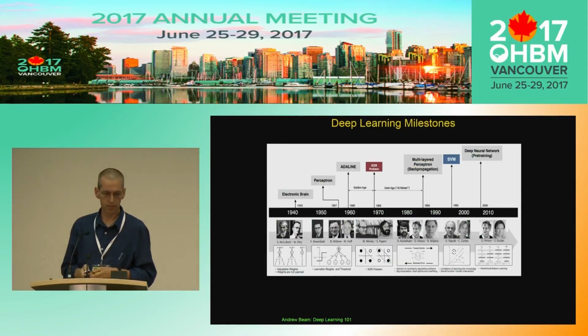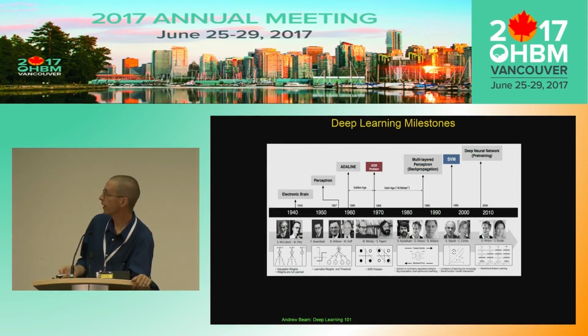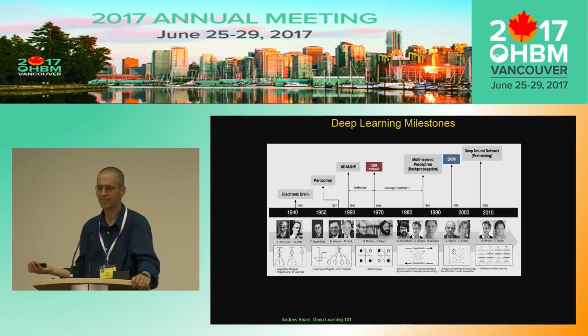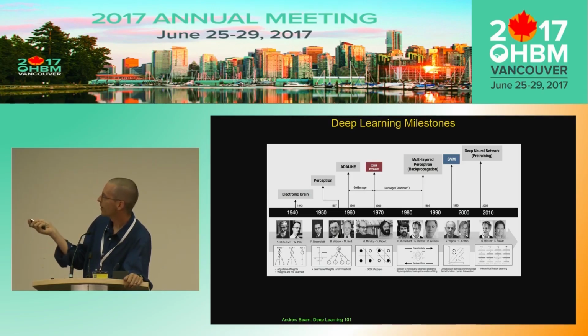In terms of the brief history, the fundamentals have been around a long time. So we had basically the perceptron, or neural networks, which have been around since the mid-1900s. Then you had a period of great excitement and then a period of great depression. It's kind of like funding or submitting papers. And then the multi-layered perceptron came about in the 1990s, followed by support vector machines.